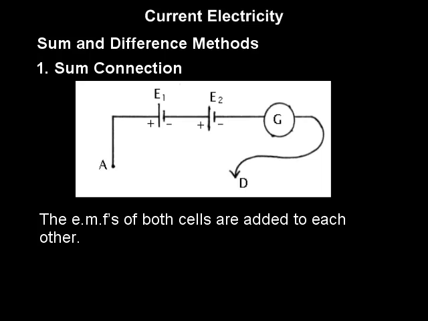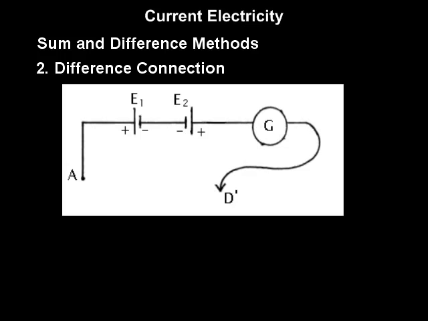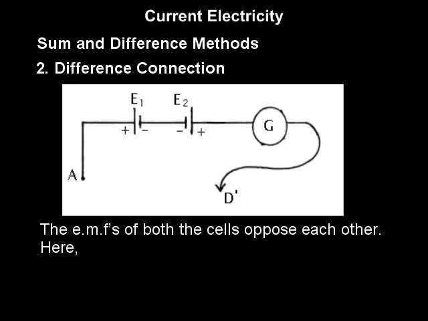So the connection is called sum connection. When the cells are connected in the circuit, null point is obtained at D. Length AD is measured as L1. In difference connection, the cells are connected as shown in the figure such that their EMFs oppose each other, and hence the connection is called difference connection. The cells are connected in the circuit and null point D dash is obtained.